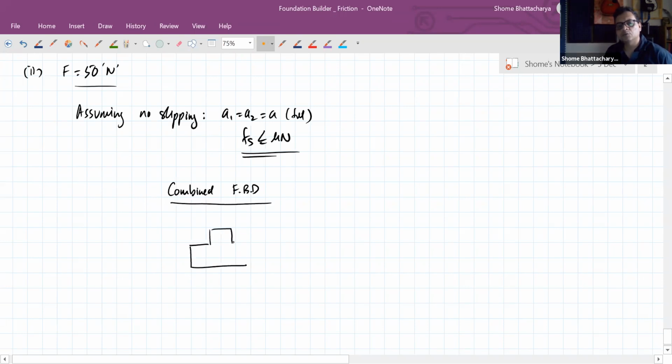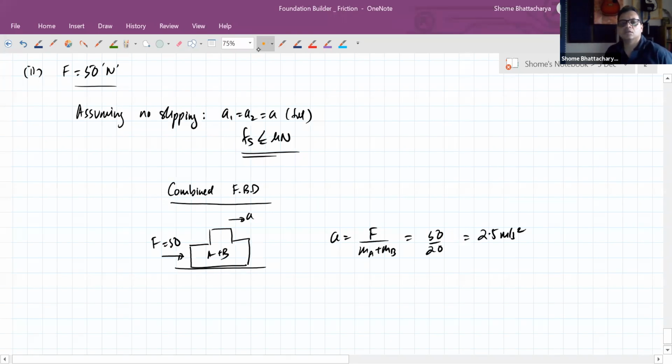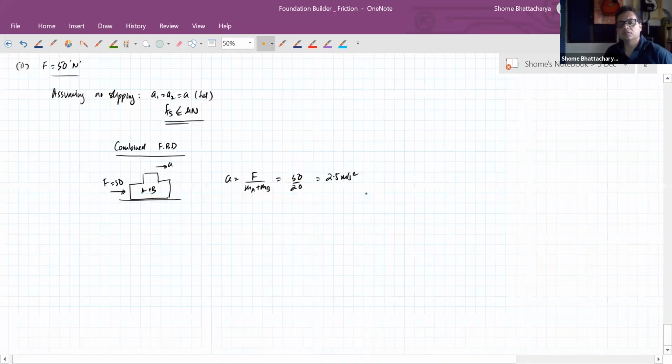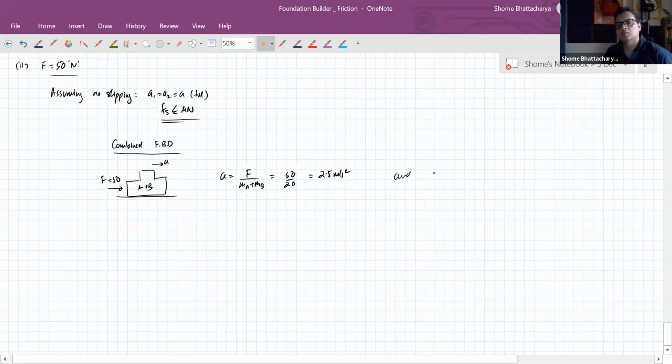the common acceleration will come out to be how much? Under the assumption that 50 newtons force is acting, this common acceleration will be F divided by total mass, which comes out to be 2.5 meters per second square. Now shifting to the free body diagram of A, we can see that on block A only friction should be acting, and it should be giving it this acceleration of 2.5 meters per second square.